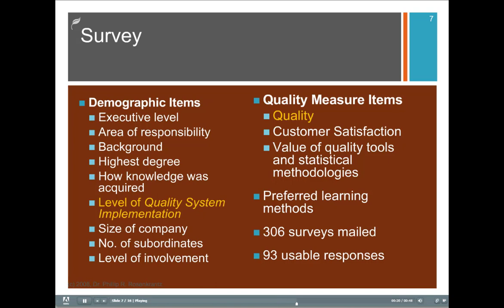But what I want to show here are the highlighted words. The level of quality system implementation results correlated with the quality results was very interesting, and that's what led me to the research that you're going to see presented throughout this program.